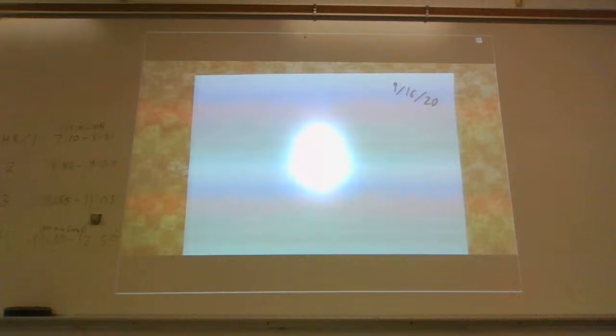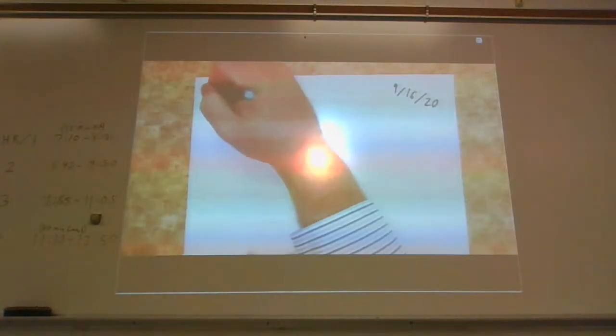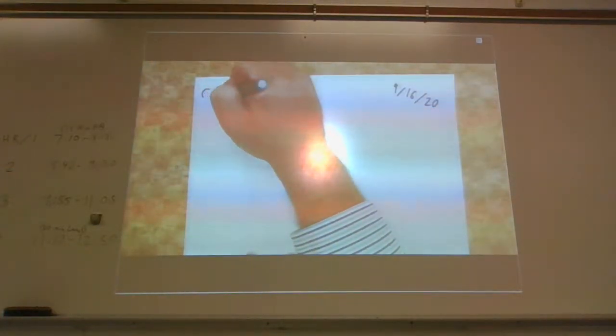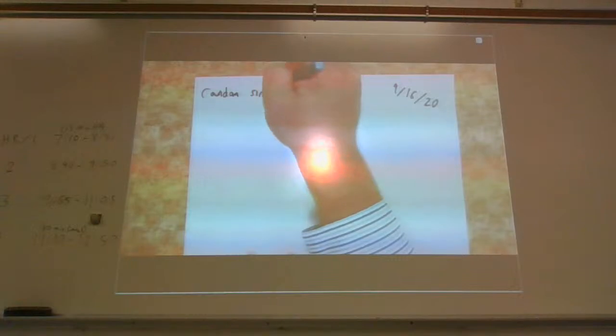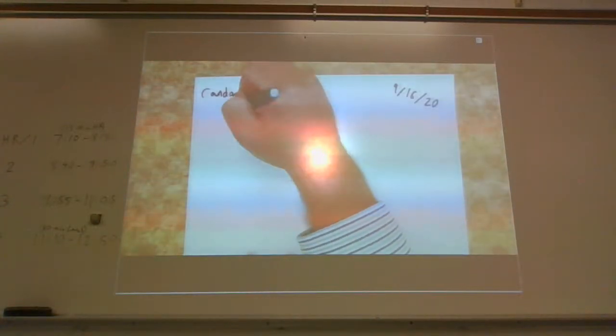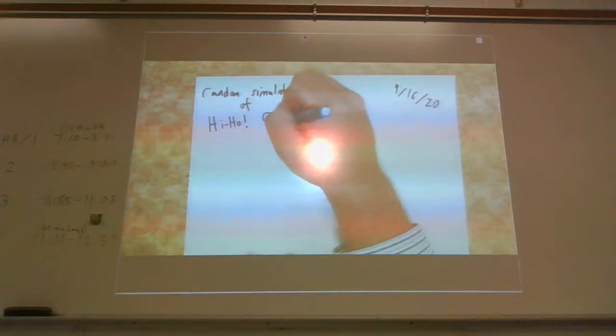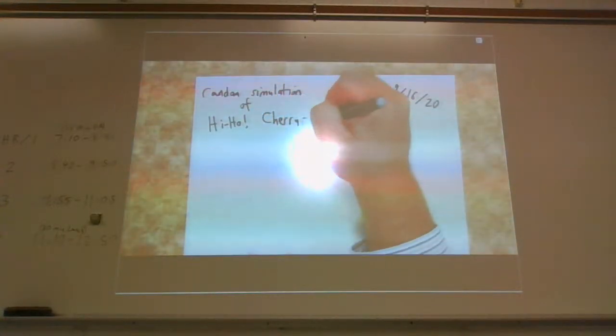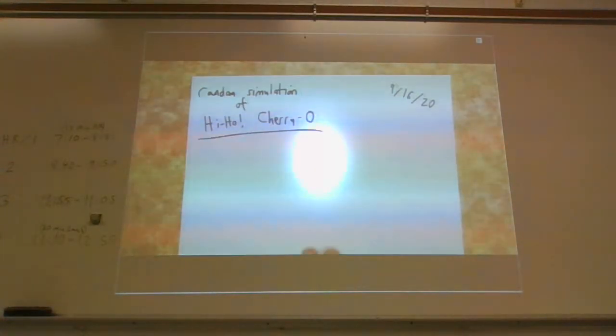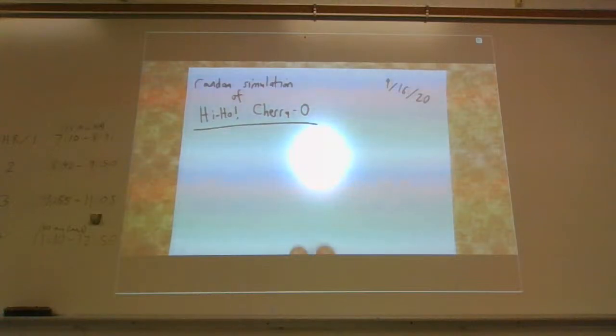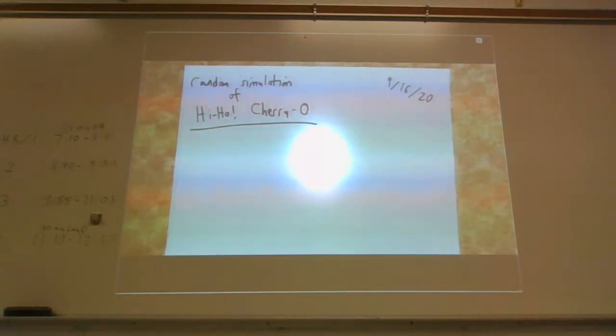Anyway, back to me. Let's call this a random simulation of Hi-Ho-Cherry-O. Now, a lot of different things can come under the guise of random simulation, as long as you know precisely what it is that you need to do.